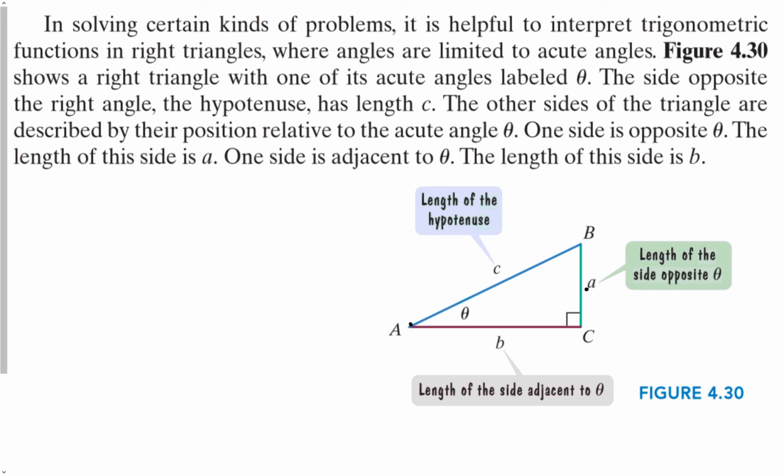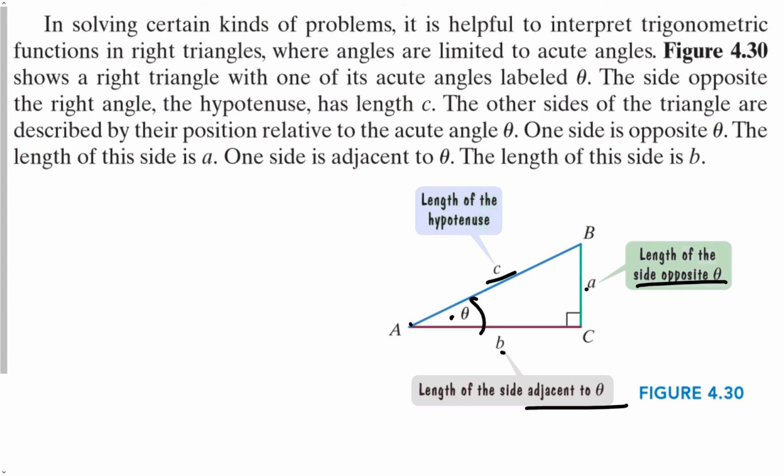Angle A and side a will always be across from each other. This side is the hypotenuse, because it's across from the right angle. If theta is right there at A, this is the side opposite, because it's not touching that angle. This, b, is the side adjacent.